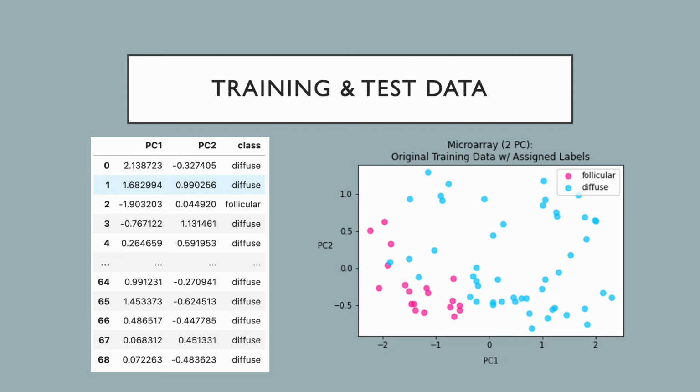On the left is the normalized dimensionality reduced data. Like I said, I chose two principal components so that we could visualize the data points in 2D. Since we had originally 7,129 genetic probes or features or columns, we cannot visualize a 7,000 dimensional plot.